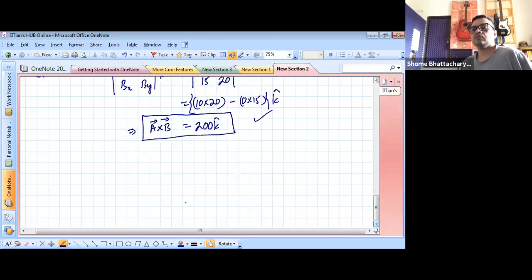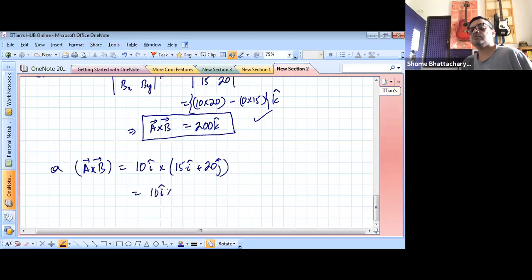Okay. Or I can alternately also do like this, that I can write A cross B as 10 I cap cross product with 15 I cap plus 20 J cap. Then use the distributive property. So this becomes 10 I cap cross 15 I cap, which should be 0, okay, plus 10 I cap cross 20 J cap.